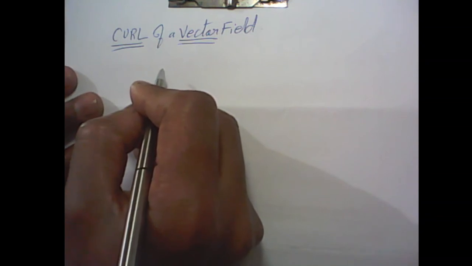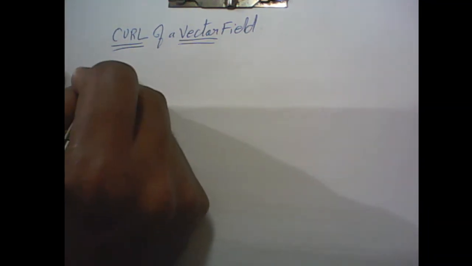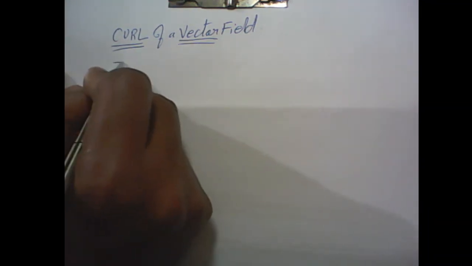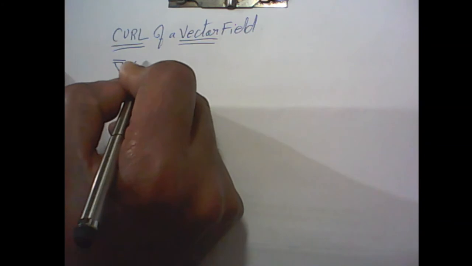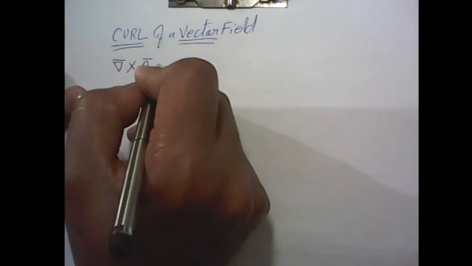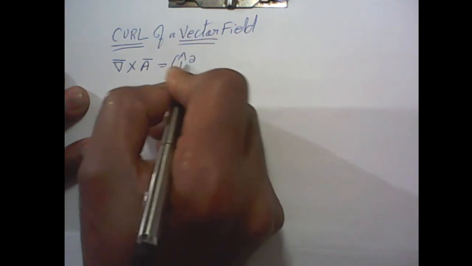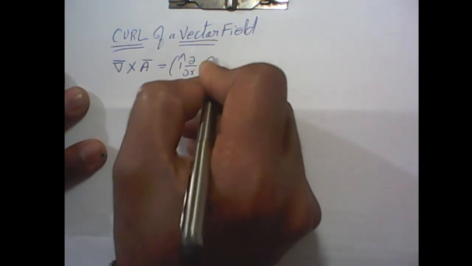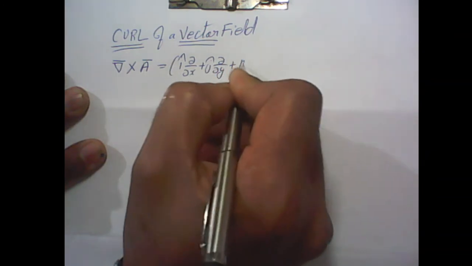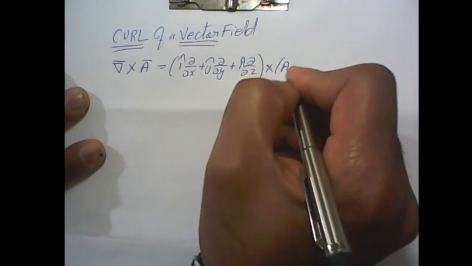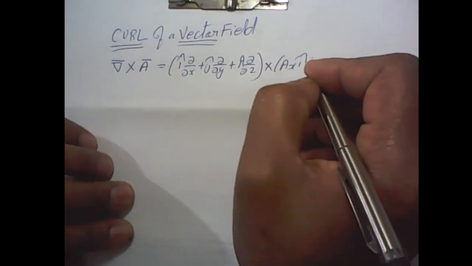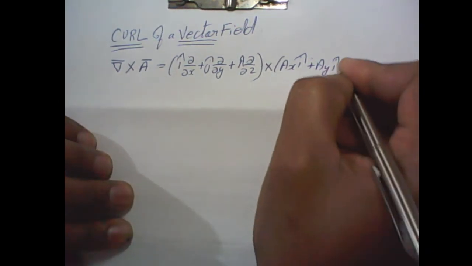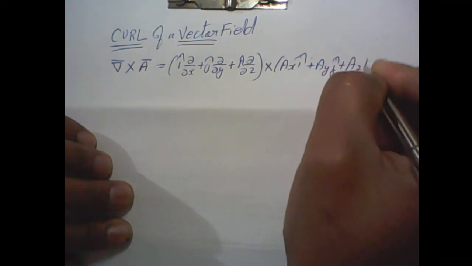So in the case of the magnetic field, we can find out the curl. So how do we find out the curl? The curl is found by taking the cross product of the del operator with the vector, let me say A. So that is i del x plus j del y plus k del z, cross product with Ax i plus Ay j plus Az k.